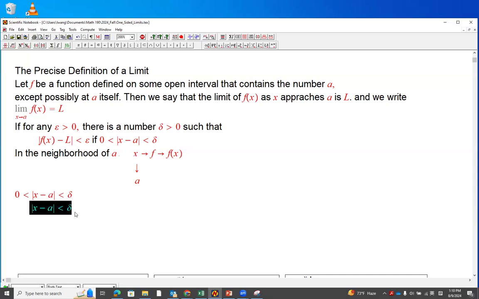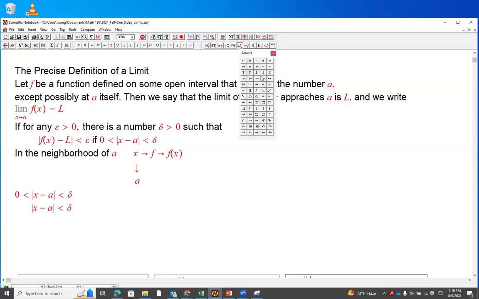This is translated to if and only if. This is the same as saying that x minus a is greater than negative delta and smaller than delta. So that's from solving the absolute value inequality.